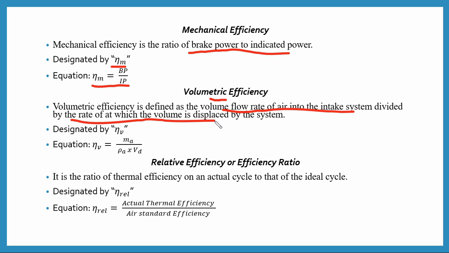This ratio is called the volumetric efficiency, and it is designated by eta V. The equation is eta V equals MA divided by rho A into VD, where MA is the mass flow rate of air into the intake system, rho A is the air density, and VD means the displacement volume.